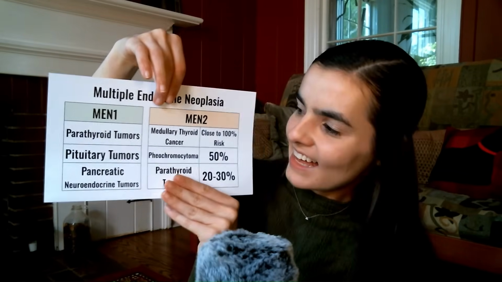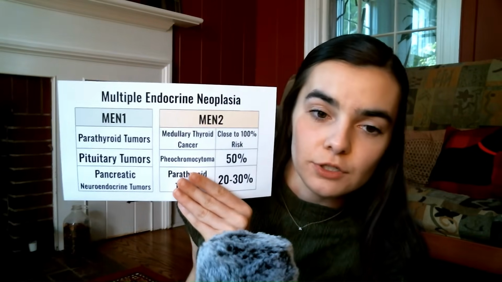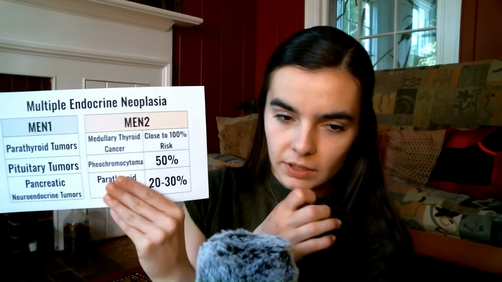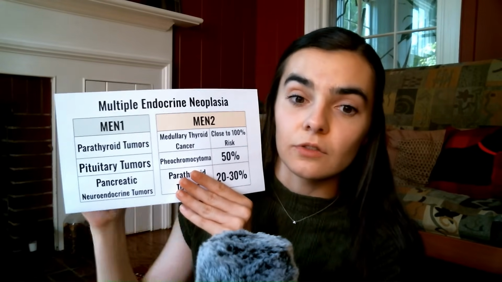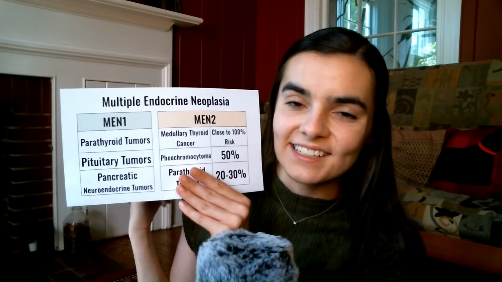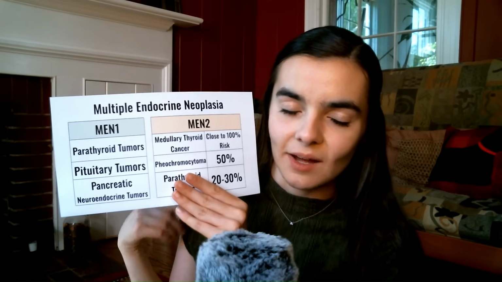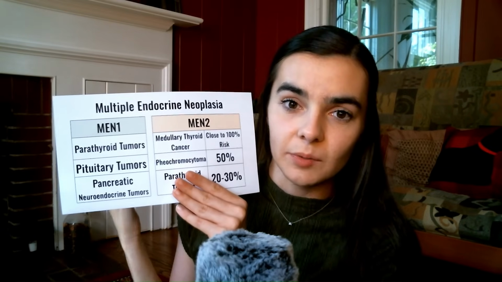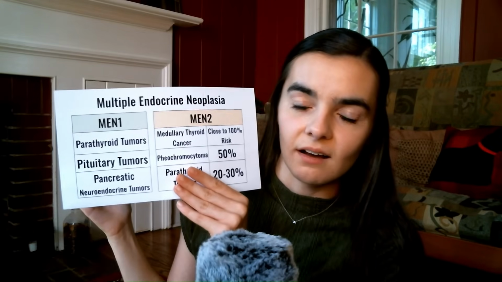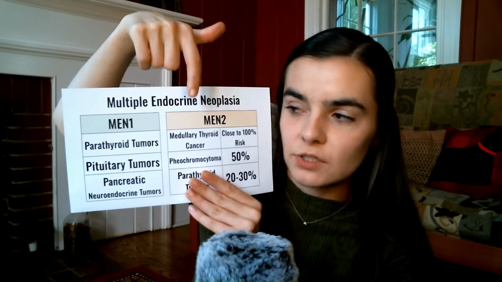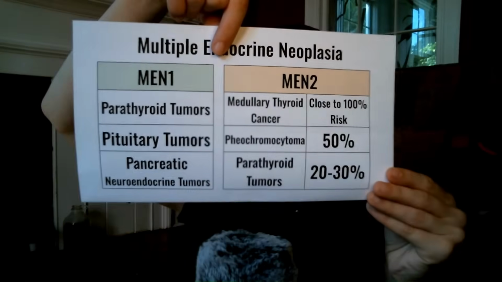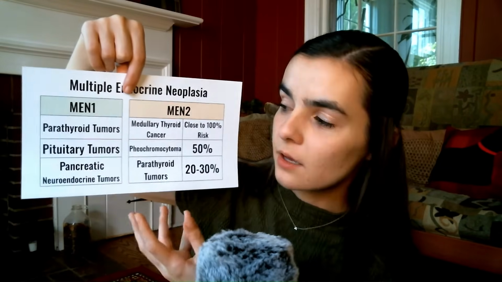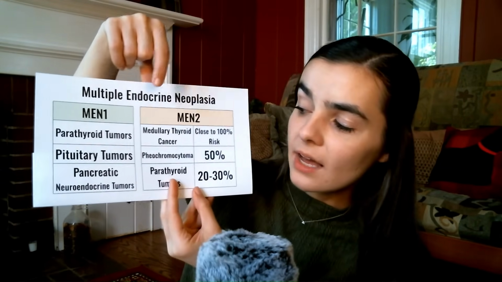Yeah. And then with MEN2, multiple endocrine neoplasia type 2, this one is caused by mutations in the RET gene. So I said earlier that I'd come back to that because RET is an example of a proto-oncogene. So that's what causes MEN2. And MEN2 is associated with medullary thyroid cancer.